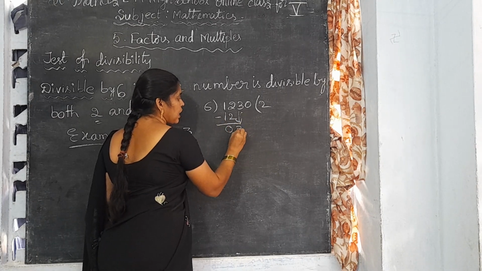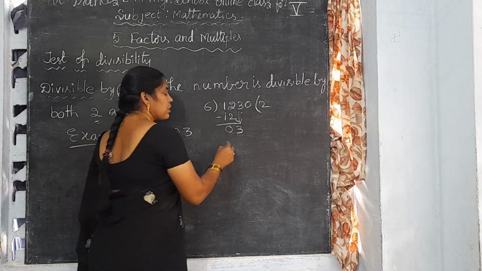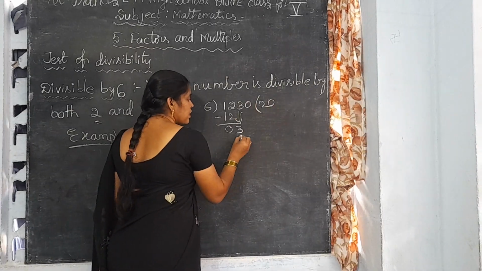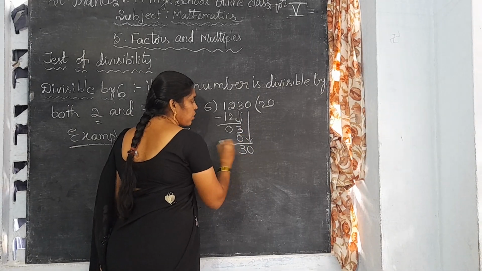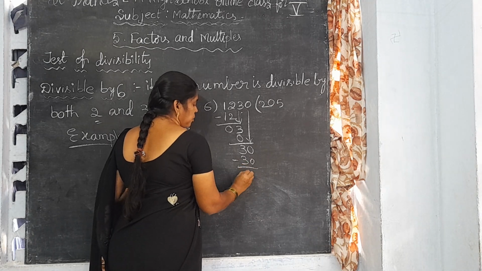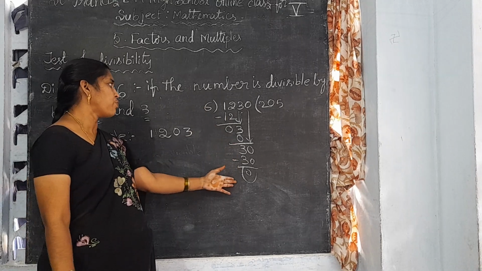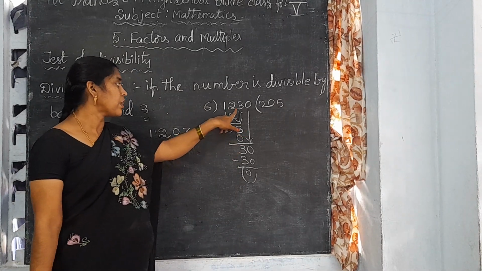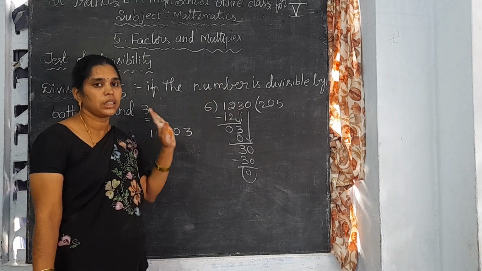Now you bring down this 3. 6 does not go into 3, so it will go 0 times. 6 zeros are 0, remaining 3. Now you bring down this 0. 6 fives are 30, remainder is 0. No number to bring down. So it is exactly divisible, when 1230 is divisible by both 2 and 3.